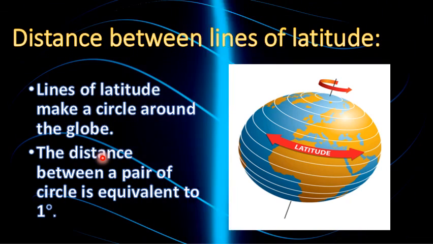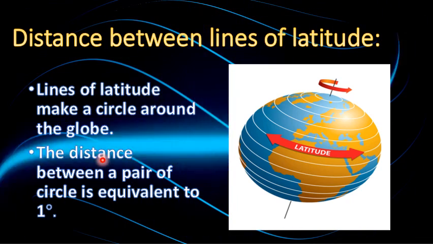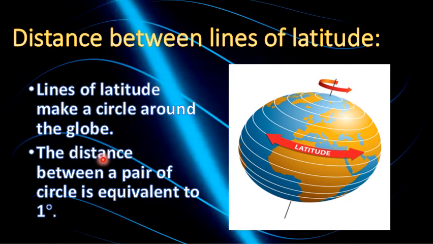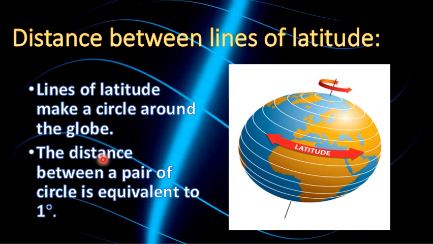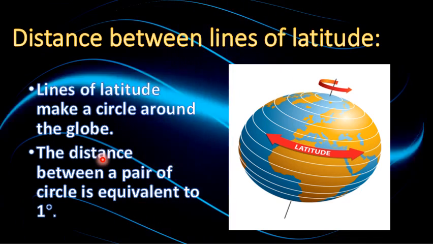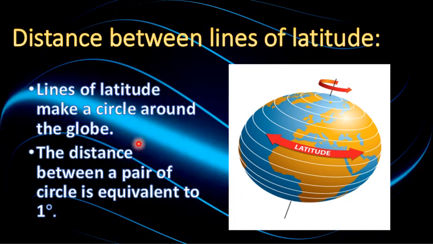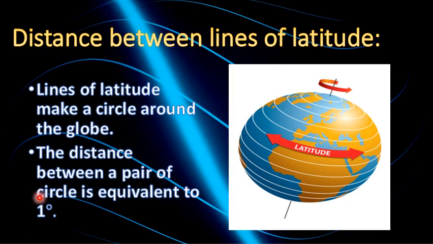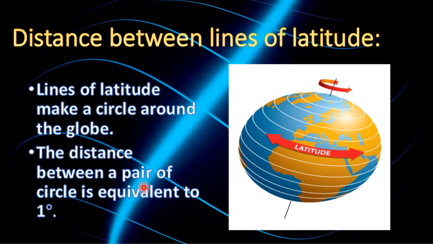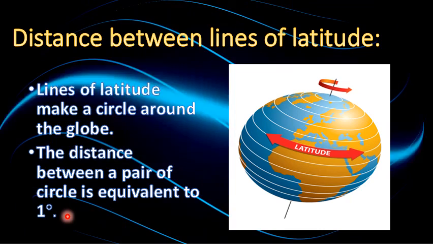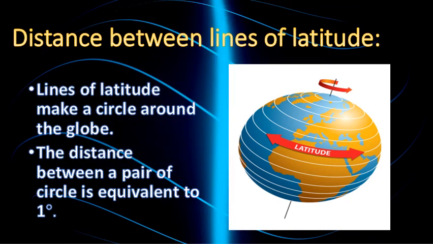If you remember when we were learning about the meridians or the lines of longitude, the distance between a pair of lines is equivalent to 1 degree. Likewise, in latitude, the distance between a pair of circles is equivalent to 1 degree.